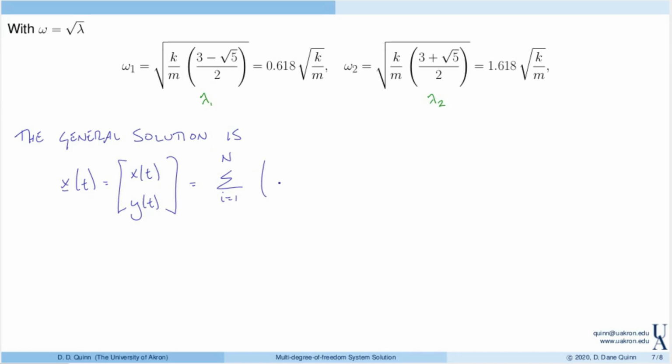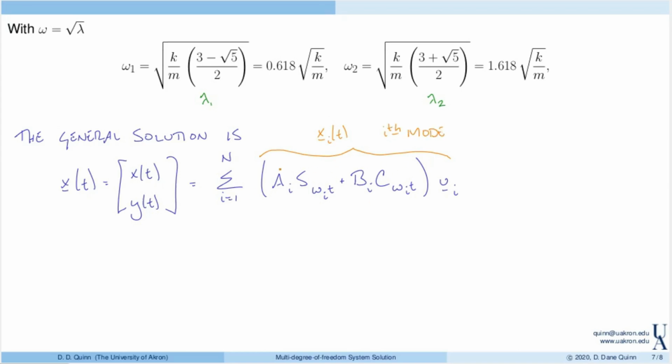So the ith solution is a sine omega i t plus b cosine omega i t, where a and b are arbitrary constants, times u sub i. So this term is essentially represented as x of i, and it's known as the ith mode.